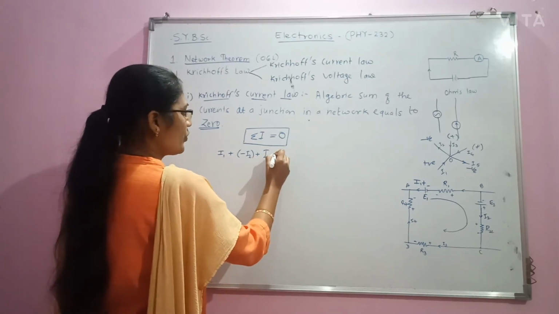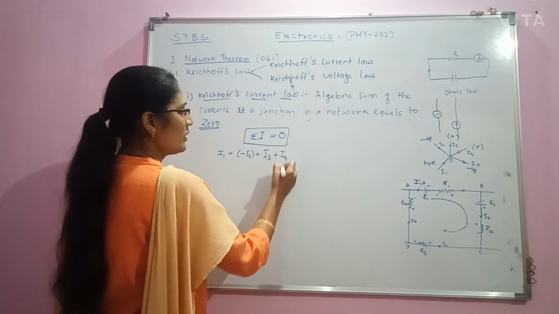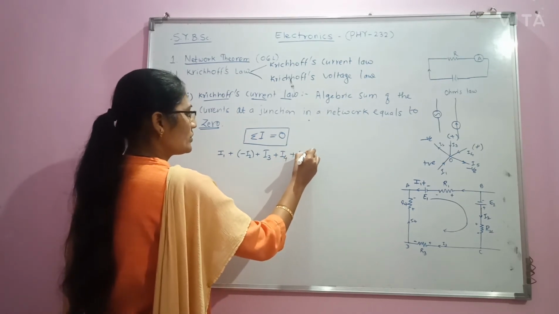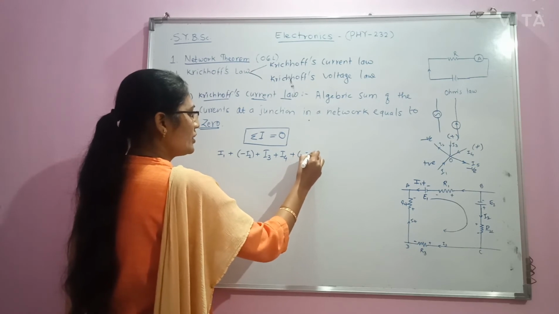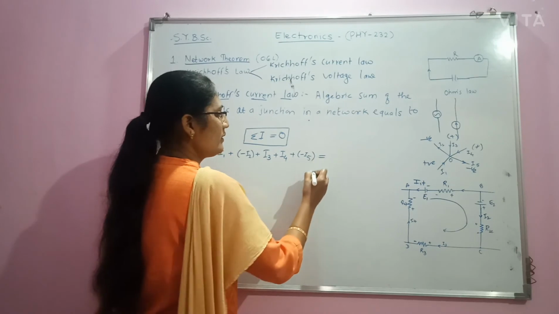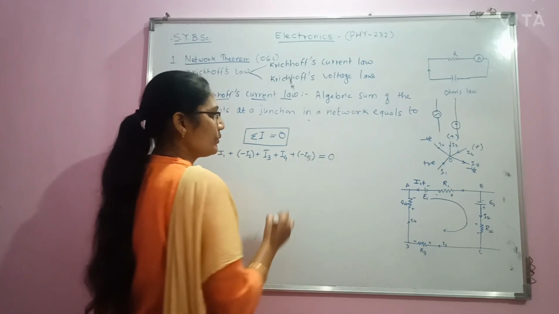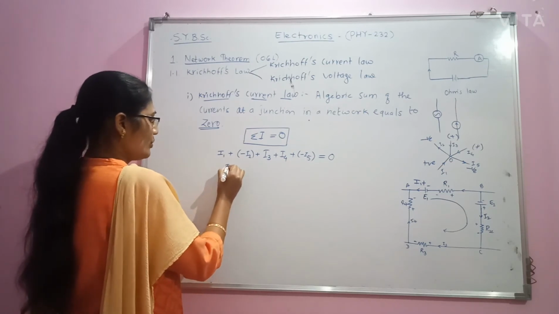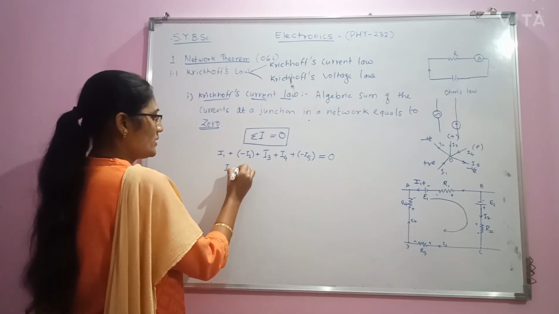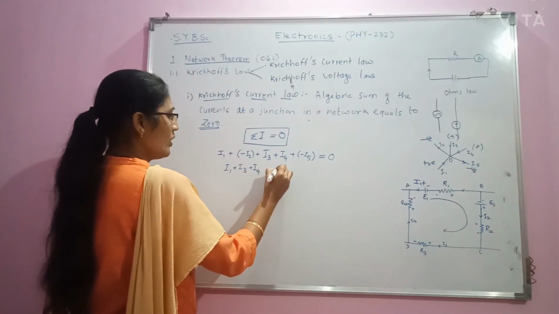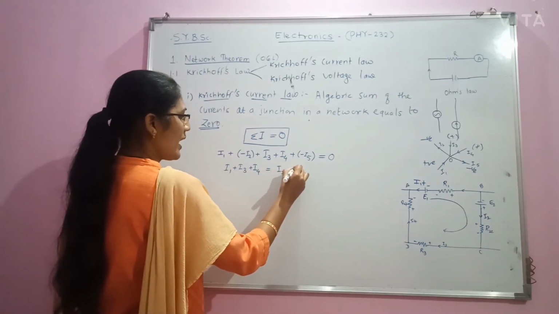I4 is also positive towards the junction, and I5 is negative because it is moving away from the junction, and this sum of the currents in a network should be equal to 0. So I1 plus I3 plus I4 equals I2 plus I5.